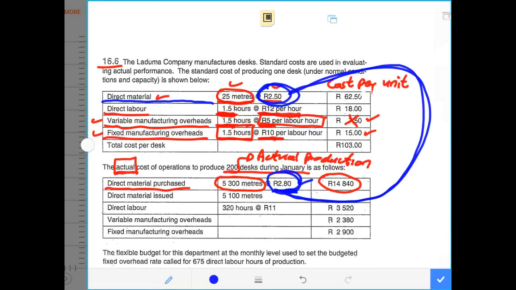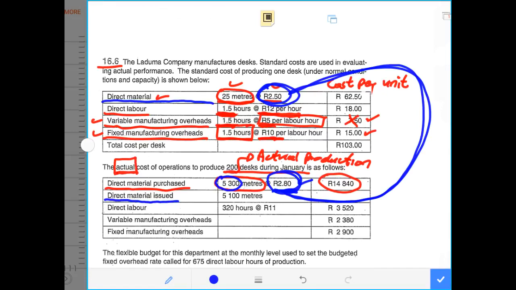Then remember the 5,300 is the quantity of material that was purchased, which is 5,300 meters. Remember, we'll also need to use this when we are doing the material variance. Then we go to the next one, which is direct material issued.